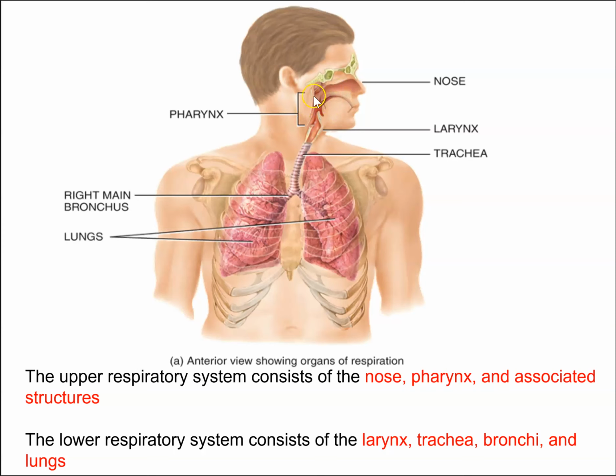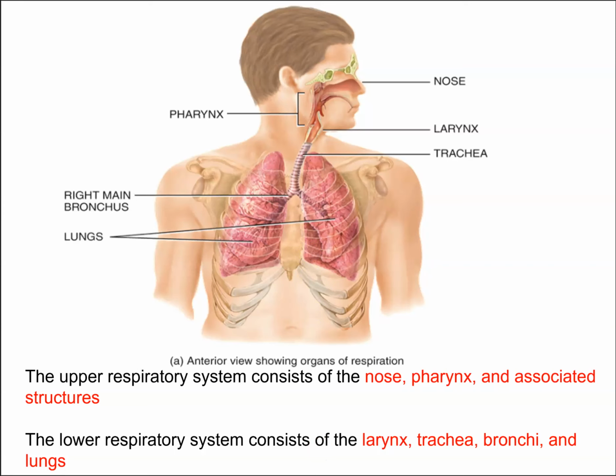All of these are a part of the upper respiratory system, and the lower respiratory system is everything below the larynx. So right over here is the larynx. This C-ring-like structure is the trachea, and everything deep within the lungs is a part of the lower respiratory system.